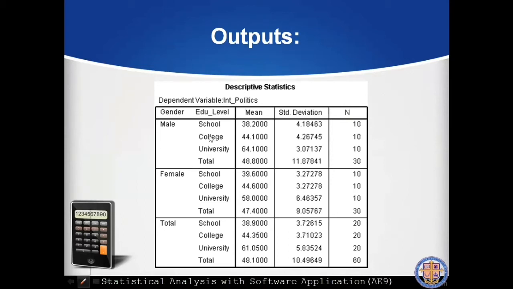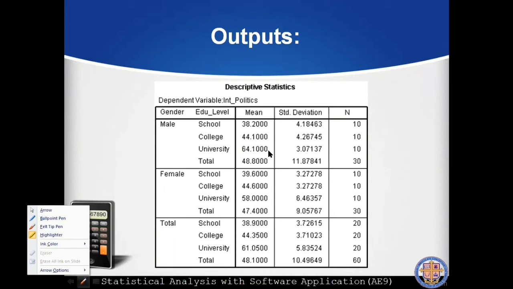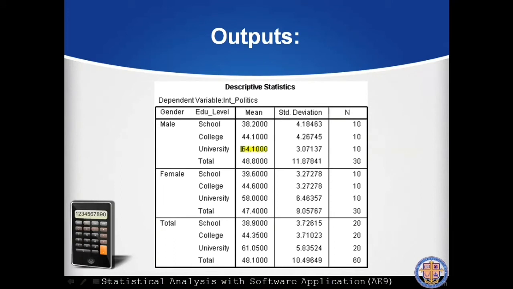In terms of the gender male, when it comes to interest in politics, who are the more interested? Those male that came from the university, with 64.10 mean. So, as you notice, this one is the highest. Okay? Then, followed by from college. Male from college, they are interested in politics. And lowest, the least, are those who came from school, 38.